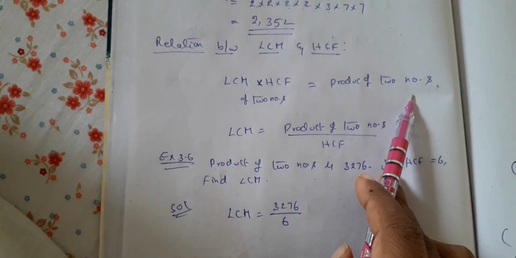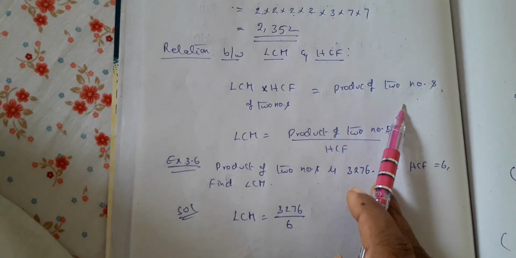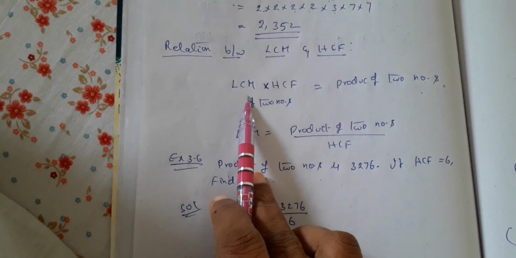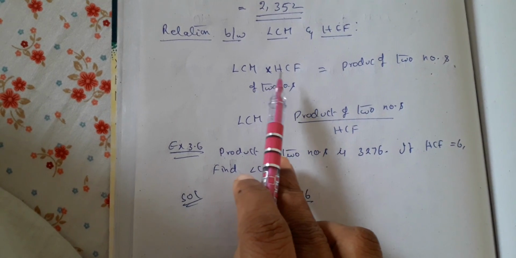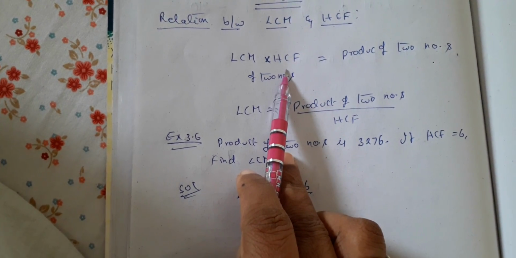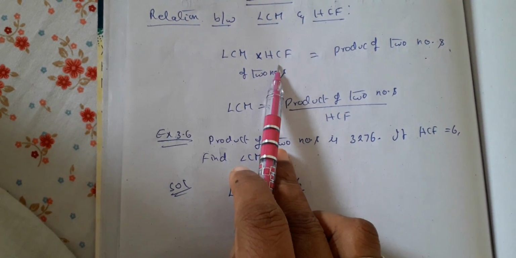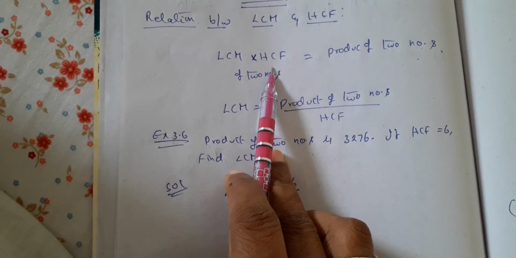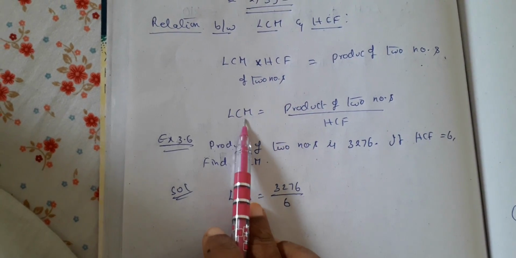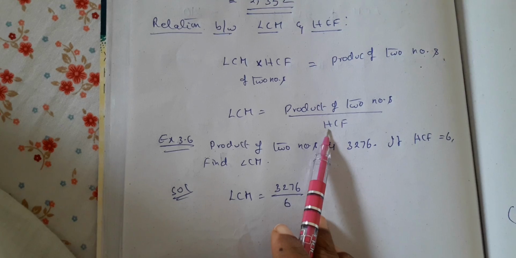That means if you have numbers A and B, A into B is equal to the LCM of those two numbers multiplied by the HCF of those two numbers. So I can write LCM is equal to the product of two numbers by HCF.